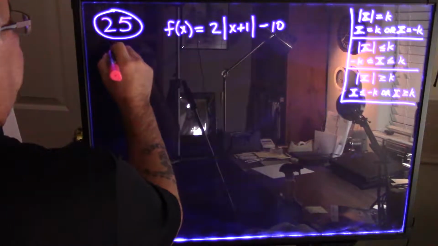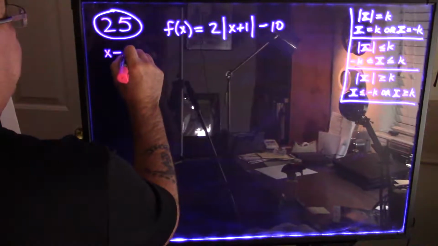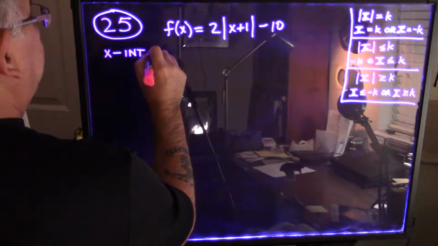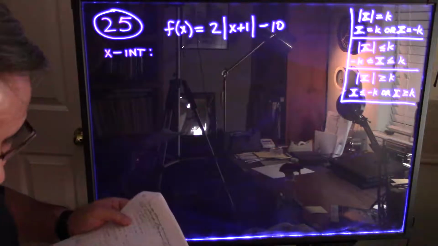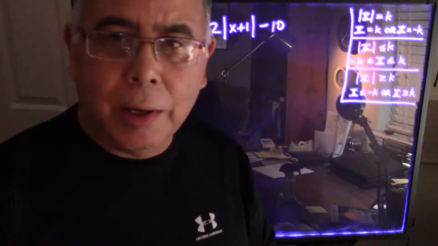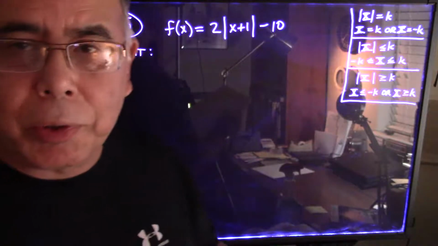So let's deal with the x-intercepts first. Alright, the x-intercept is where the graph crosses or touches the x-axis, and that's where y equals 0. The y values there equals 0.